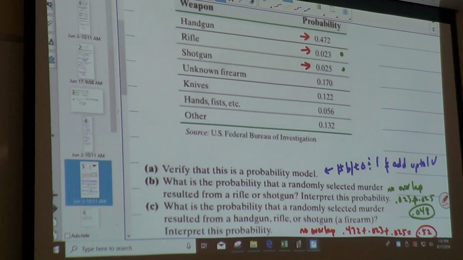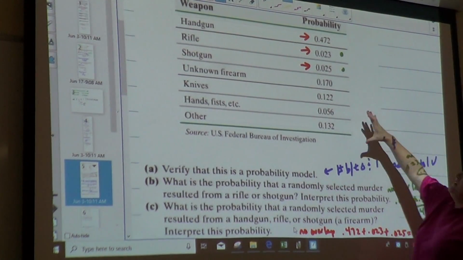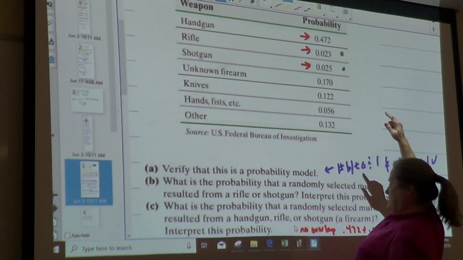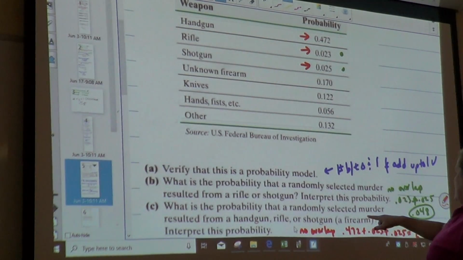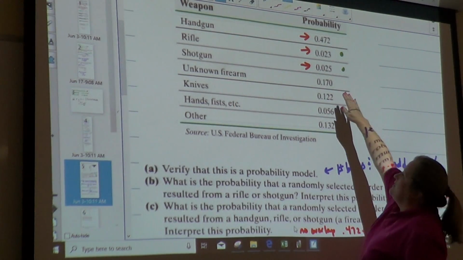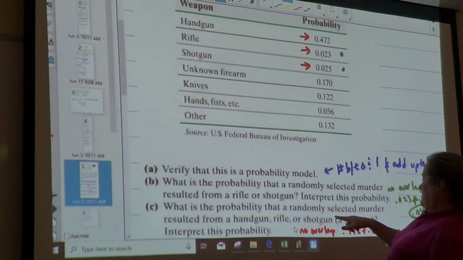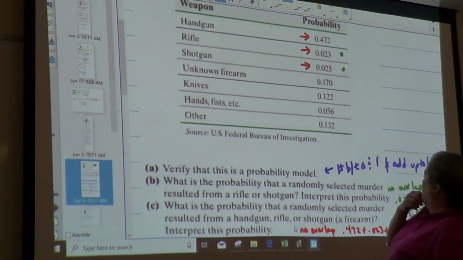.52. For that one, shouldn't unknown firearm be included? Because it says in the parentheses, a firearm, the purpose of it is to determine the probability that a firearm is used. So yes, unknown firearm should be included.